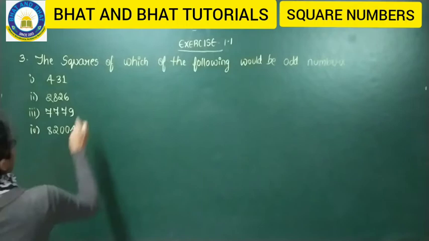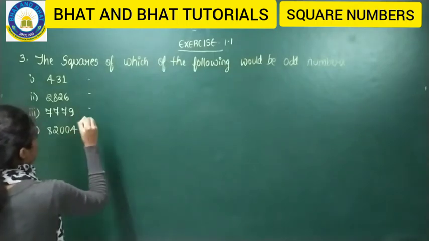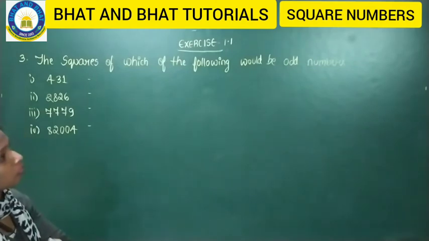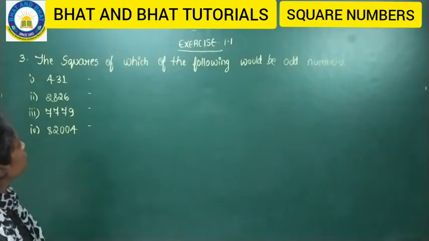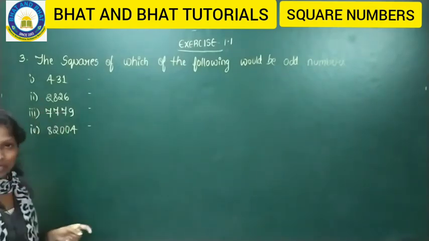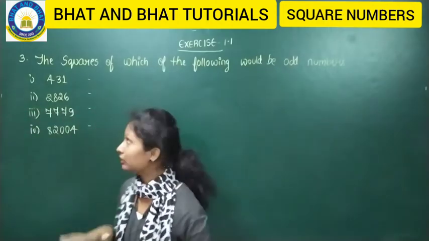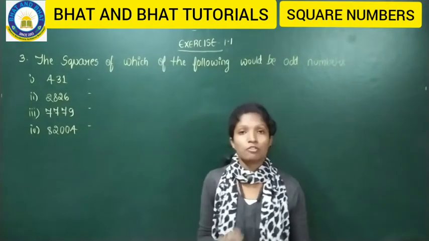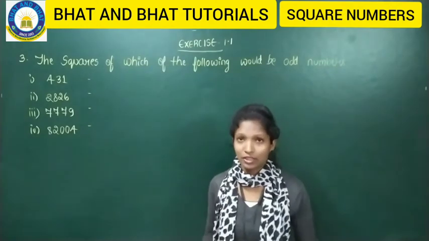82,004. So what is the thing they are asking in the question? The squares of which of the following would be odd numbers? They have given you the squares. In the question, you can see the squares of some numbers. You don't know which is that number.